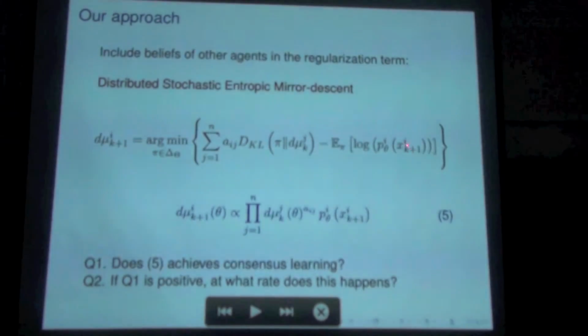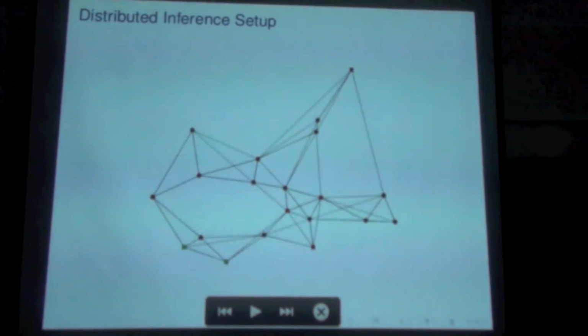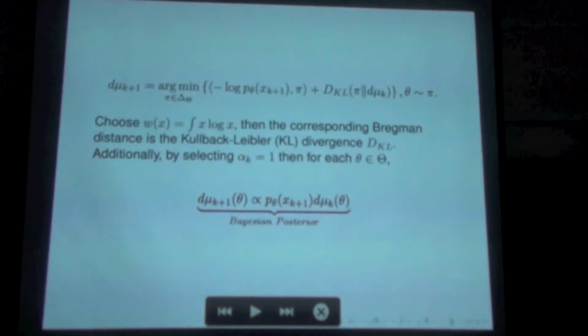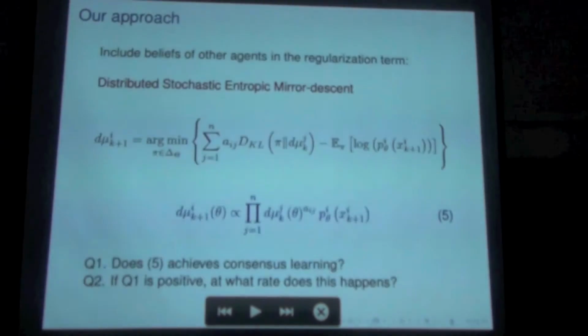And agent i only observes xi. Right? And what we have here, instead of having a single KL divergence, remember, here we have the distance between the optimization variable and the previous iterate. What we have here is a weighted distance between the optimization variable and the previous iterate, or previous beliefs, of all my neighbors.